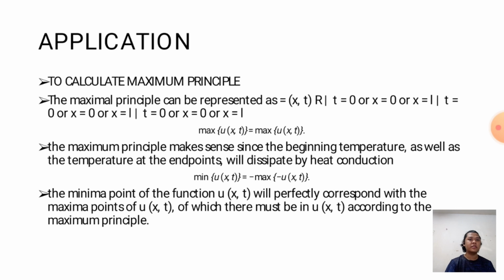In reality, there is a stronger version of the maximum principle, stating that the maximum over the rectangle R cannot be obtained at a point not belonging to the boundary unless u is constant, as shown in the second formula.